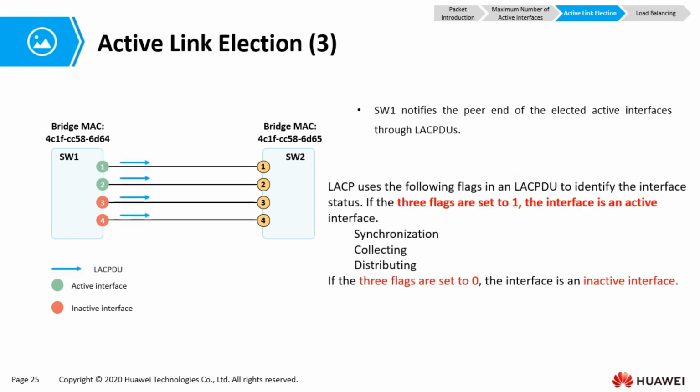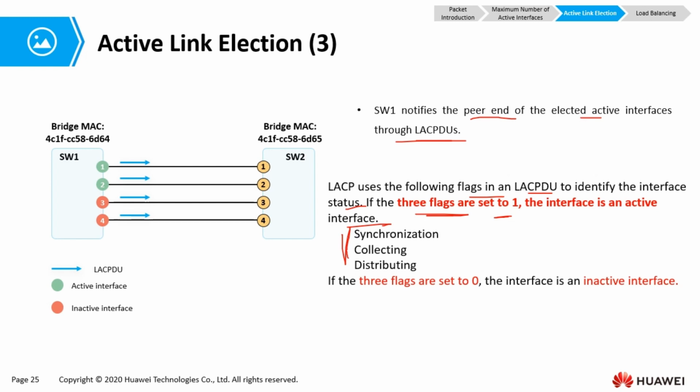Okay, after you have determined the election, switch 1 will notify the peer end of the selected active interfaces through an LACP packet. LACP uses the flags in the LACPDU to identify the interface status. If the three flags, synchronization, collecting and distributing, are set to 1, the interface will become an active interface.